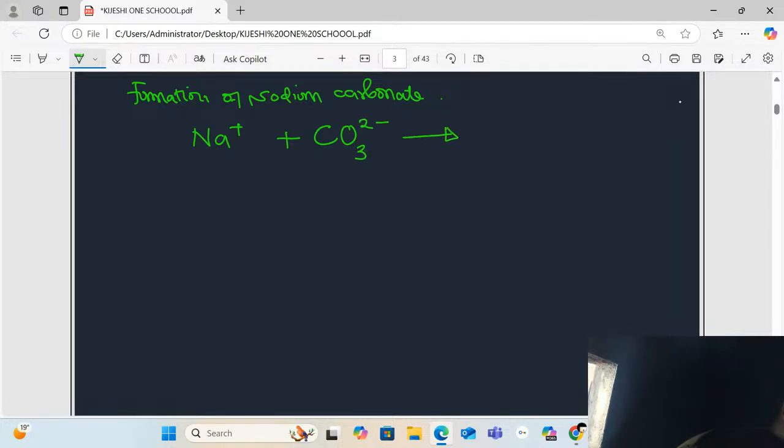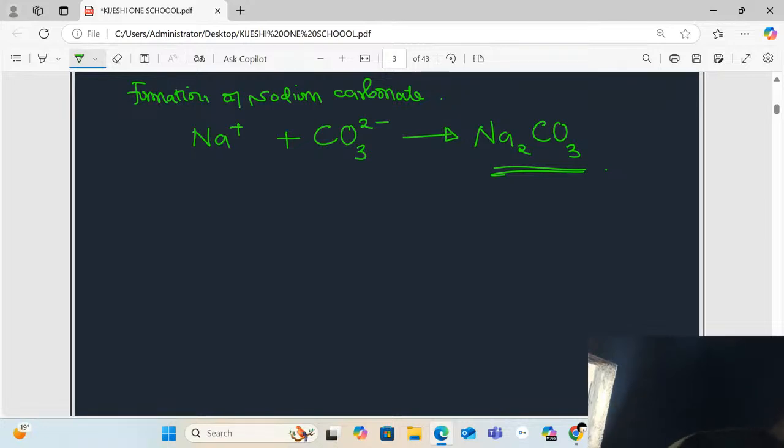Formation of sodium carbonate. This will involve a sodium ion combining with a carbonate ion in that manner, so that now we can get sodium 2, and then we have a carbonate in this manner.